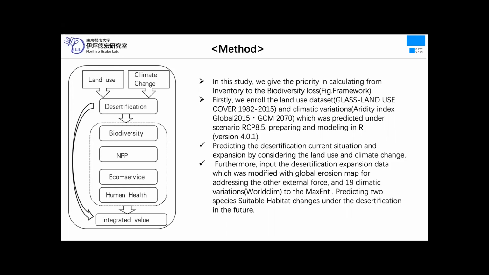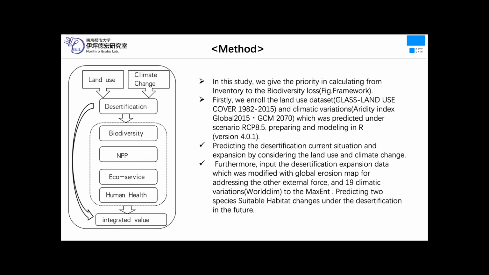In this study, we give priority to calculating from the inventory to the biodiversity loss. Firstly, we enroll the land use data set and climatic variations, which were predicted under scenario RCP 8.5. Preparing and modeling was done in the R software. Predicting the desertification current situation and expansion by considering land use and climate change.